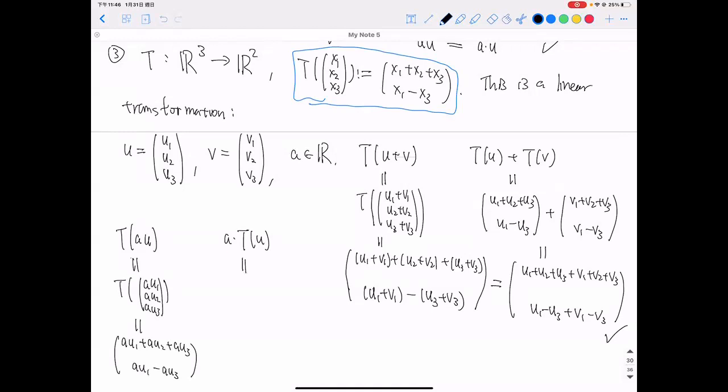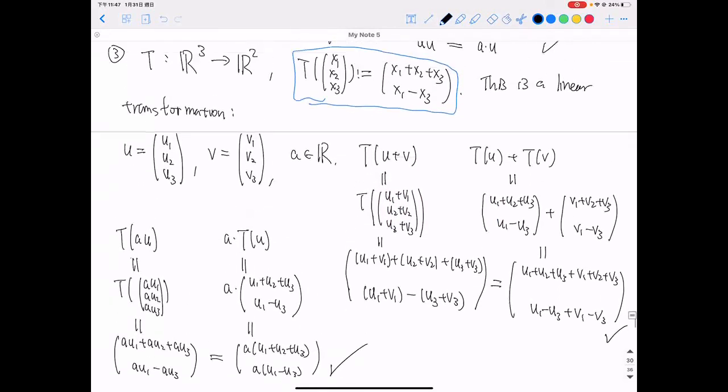Now for A times T of U, you get A times U1 plus U2 plus U3, U1 minus U3, which, after you multiply the A into it, is A times U1 plus U2 plus U3, A times U1 minus U3. And if you look at these two vectors, you see that they're indeed equal. So again, another example checks out.